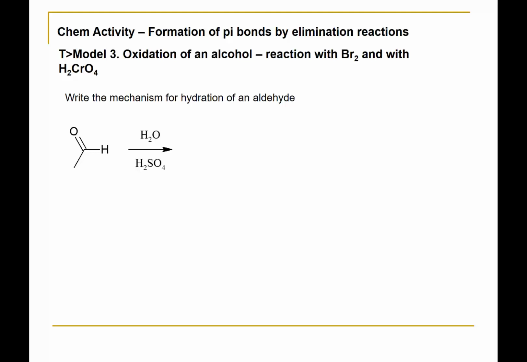Now, in this particular case, because water is a poor nucleophile, what we need to do is make the carbon here, the carbonyl carbon, very attractive to that water molecule. And so this is done in the presence of acid. Effectively, we're going to protonate the oxygen of the aldehyde.